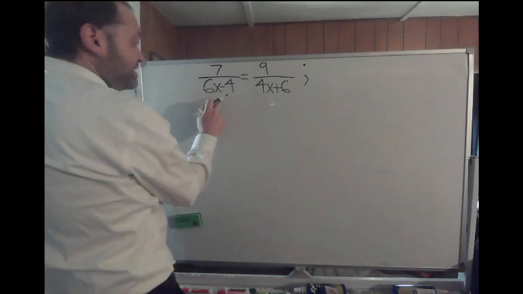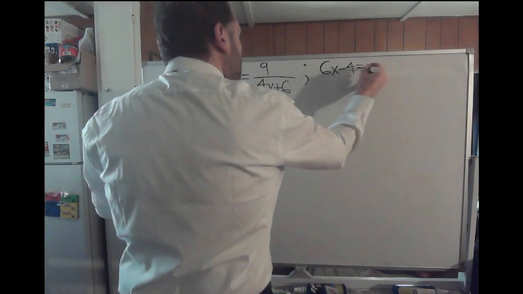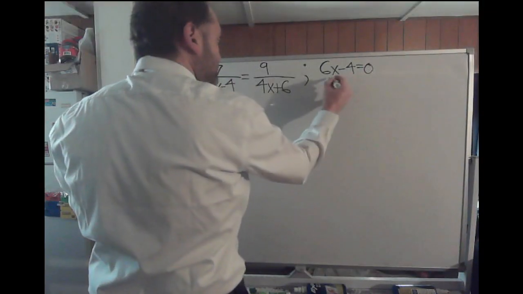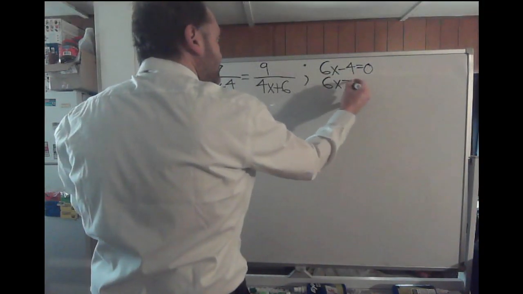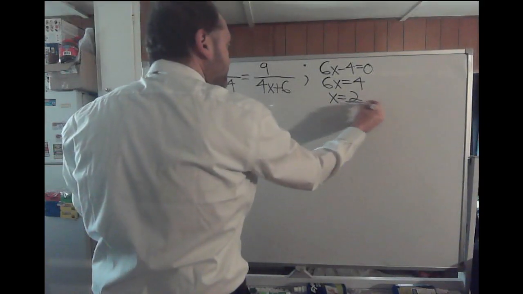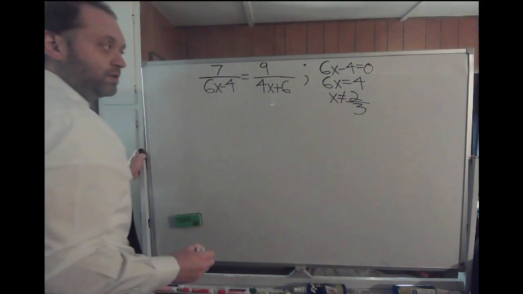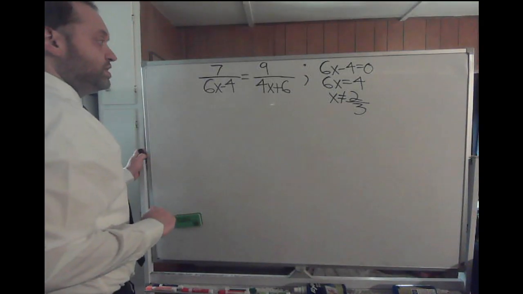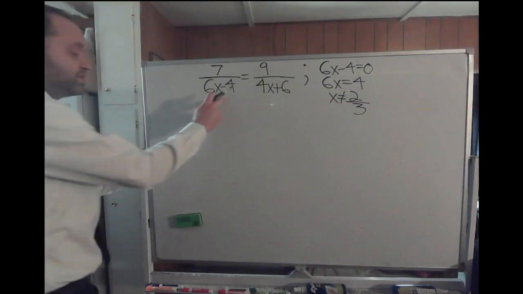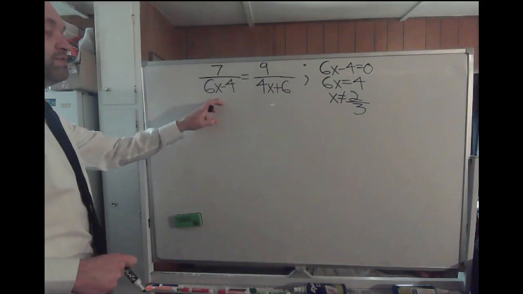If we set 6x - 4 equal to 0, that's going to give us 6x = 4, which would simply give us x = 2/3. So right away, we know x cannot equal 2/3. That's not a viable solution, because if it equals 2/3, you'll get a 0 in this denominator, making the expression undefined.